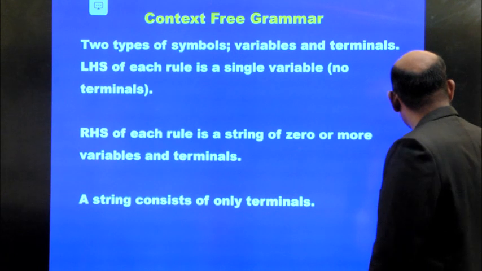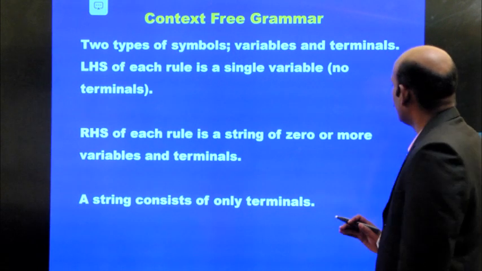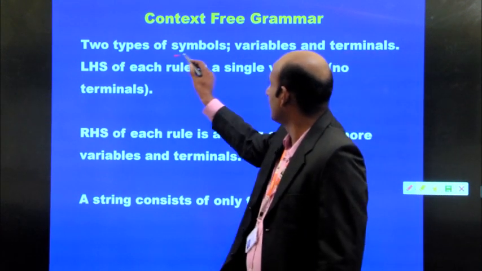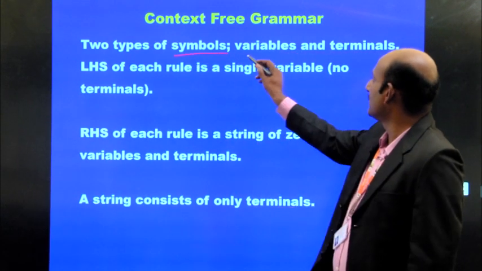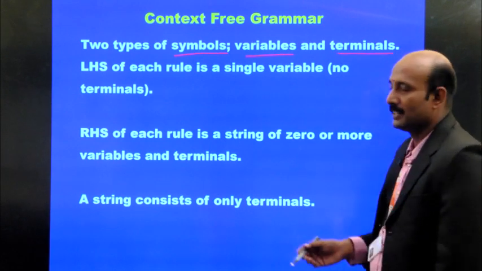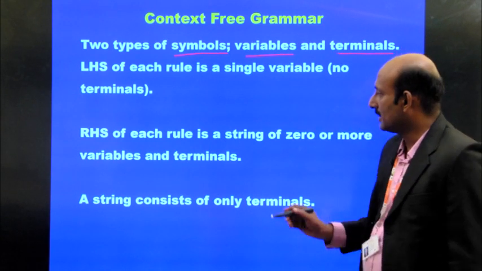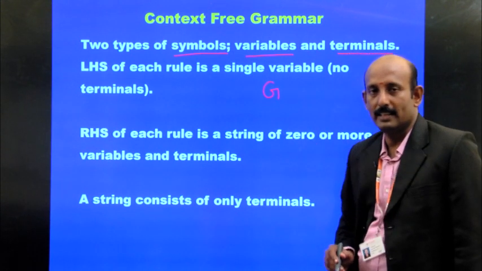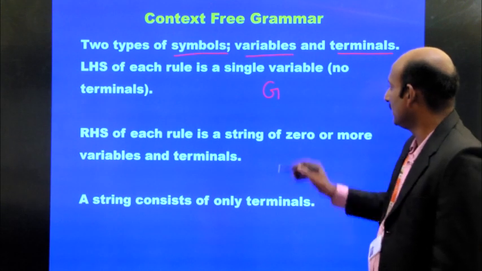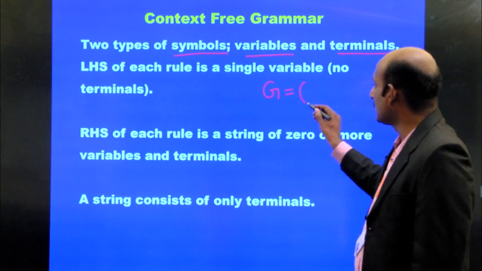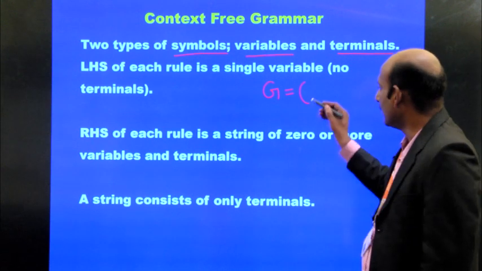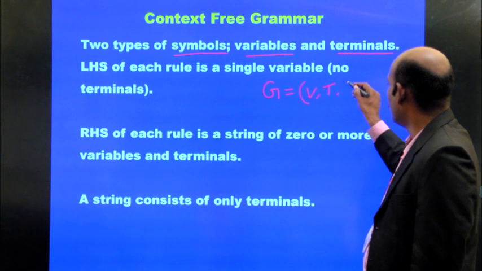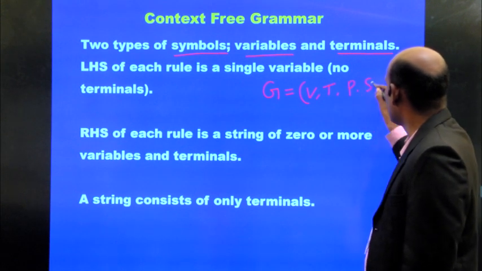There are two types of symbols we are using: one is variables, and the other is terminals. Generally, the grammar is denoted by G, where the grammar consists of 4 tuples: variables, terminals, production rules, and start symbol.